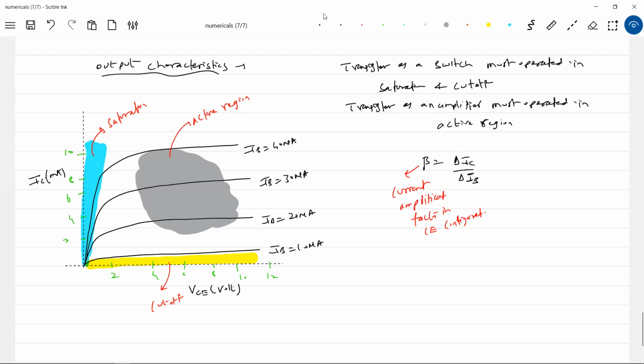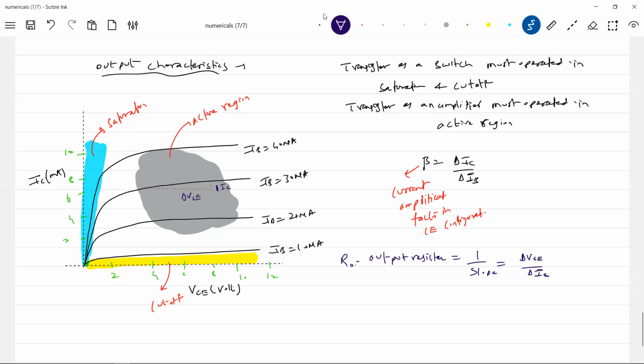Then if you draw a slope, delta IC, delta VCE, the output resistance is given by the reciprocal of the slope, or delta VCE by delta IC.